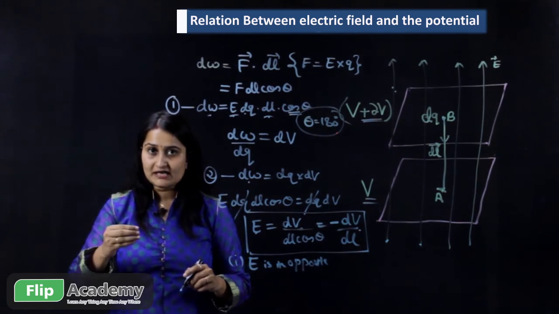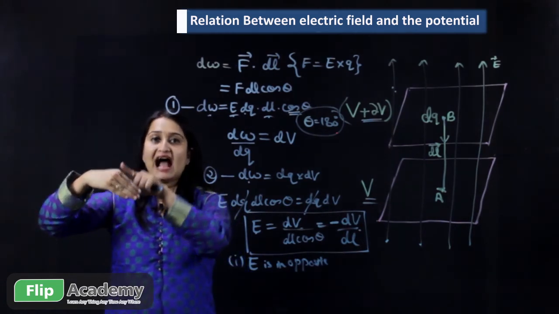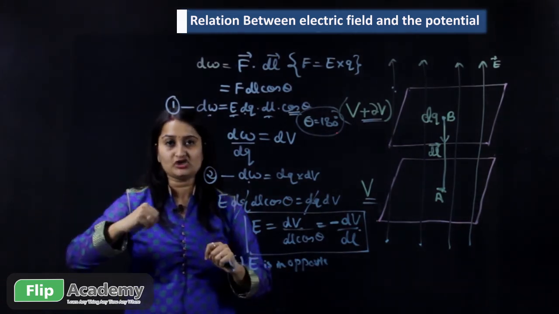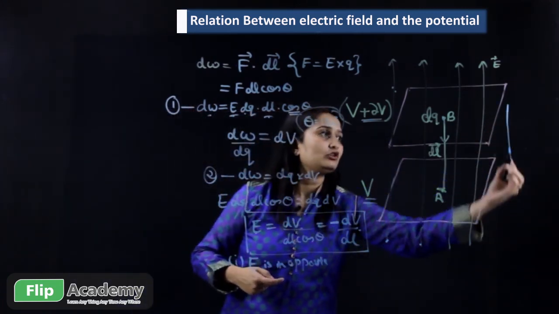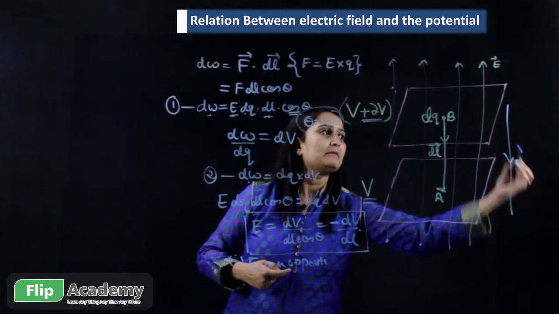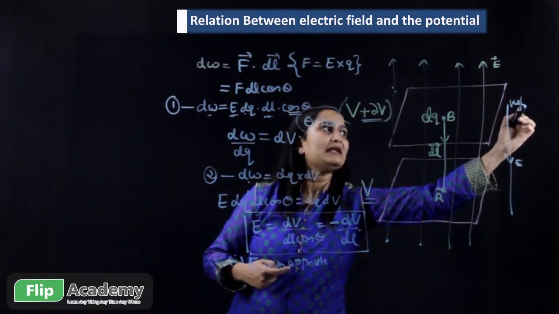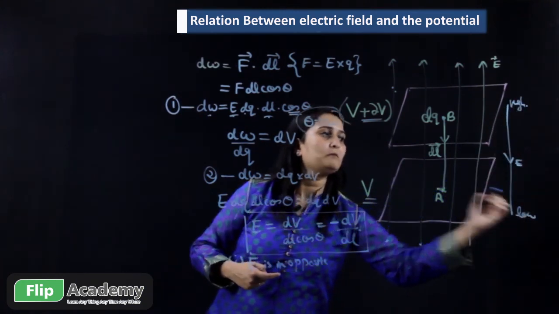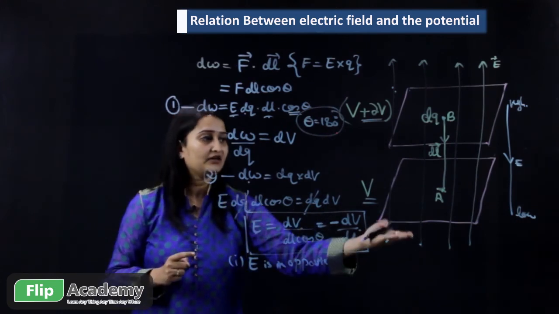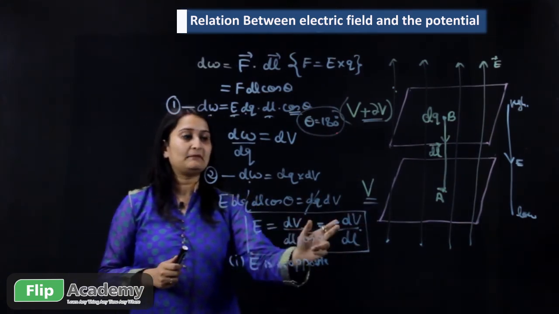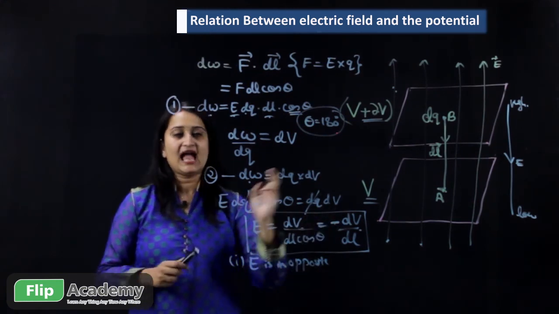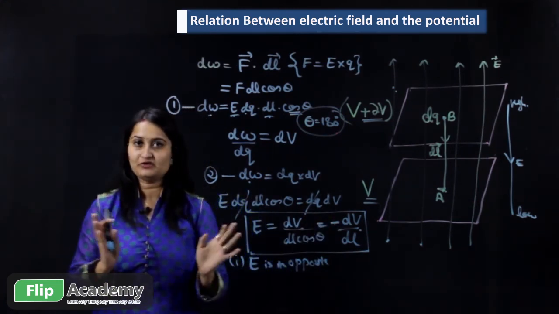The electric field has a tendency to flow from higher potential towards lower potential. So what should be the direction of the electric field? It should be like this, because it flows from high potential towards low potential, and in our diagram the direction is opposite. So that's why there is a minus sign between E and the potential. I hope it will be clear to you.